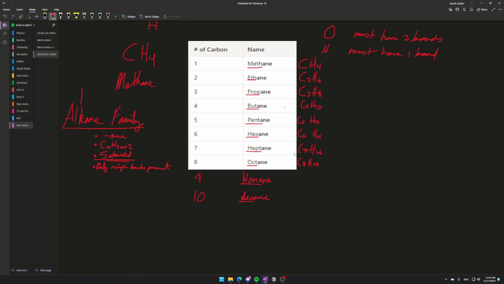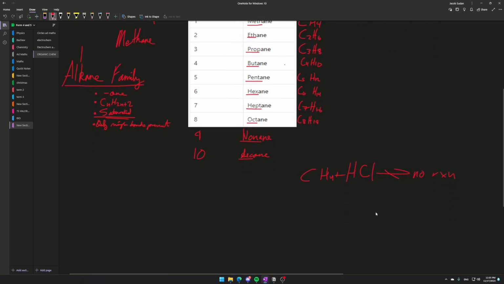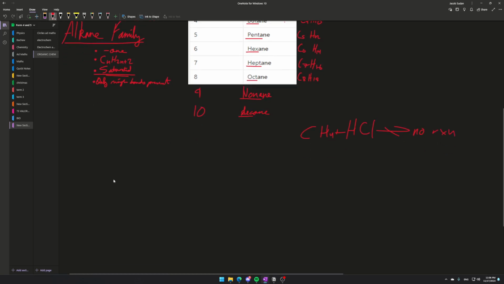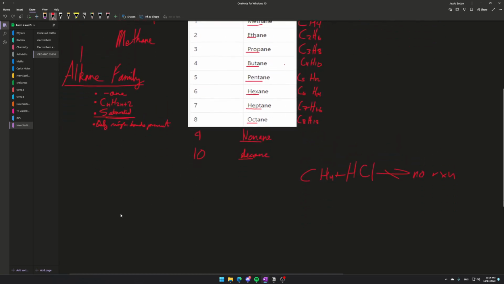What that means is, let's say we had CH4 plus HCl, nothing would happen. However, it could undergo one main type of reaction that we need to know of, and that is the substitution reaction with halogens, which basically means, let's say we have methane, CH4, and we want to add chlorine to it.